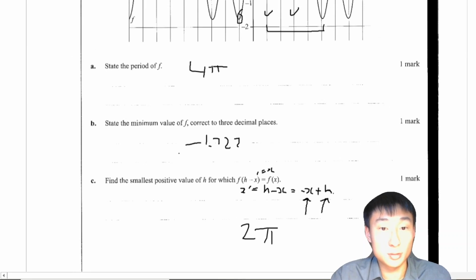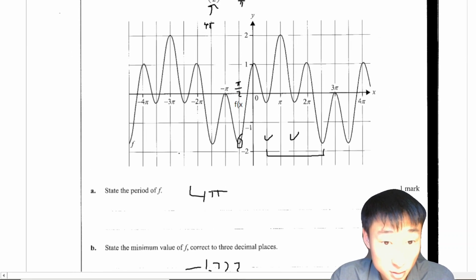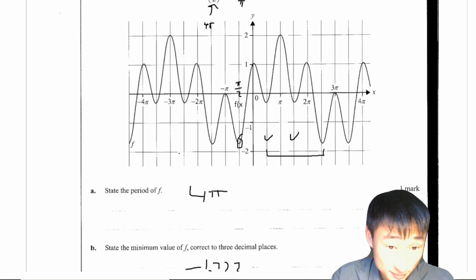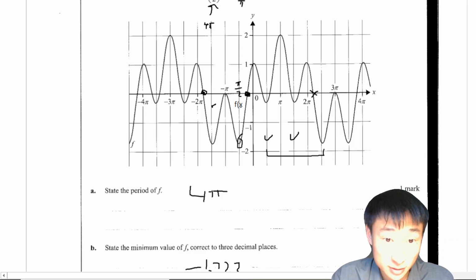So what you have to do is look at these 2 points here. You have to show that these 4 areas here are equal to these 3 areas here.